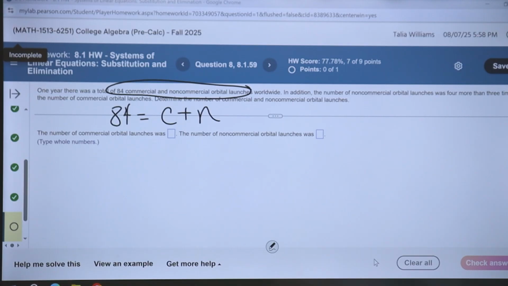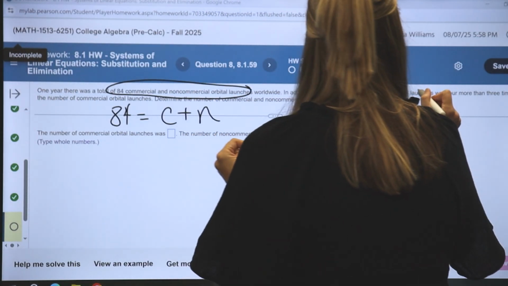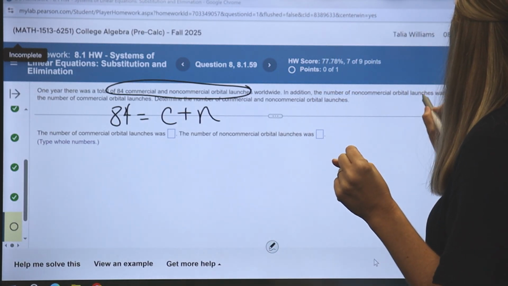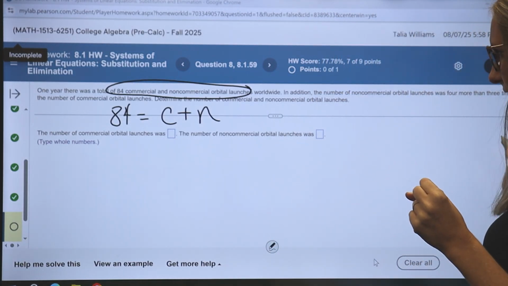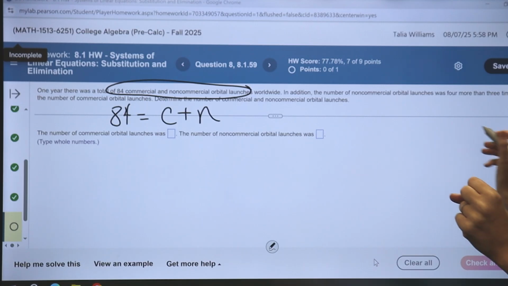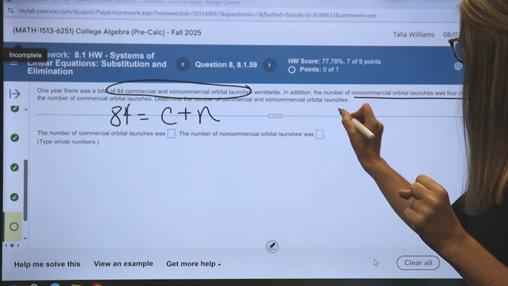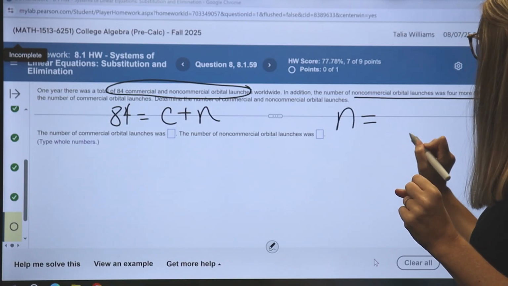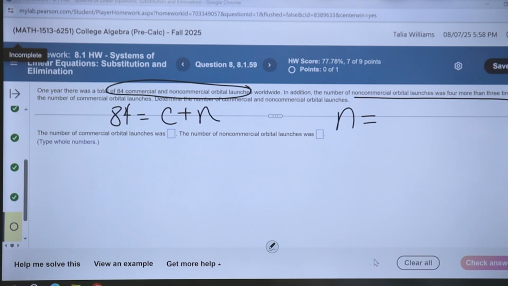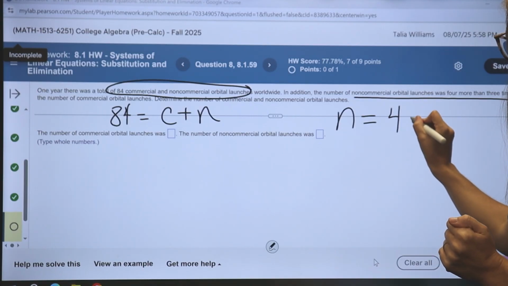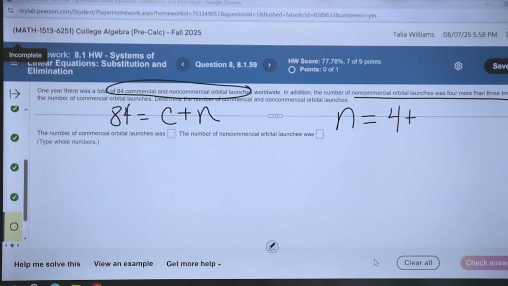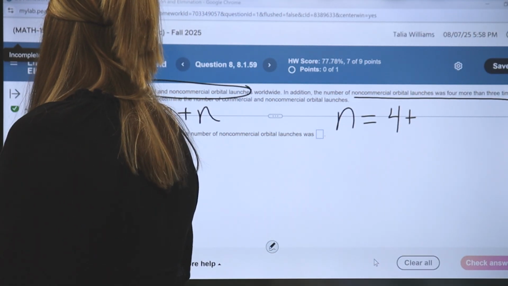The number of non-commercial orbital launches was 4 more than 3 times the number of commercial orbital launches. So non-commercial orbital launches equals 4 more than 3 times the number of commercial.